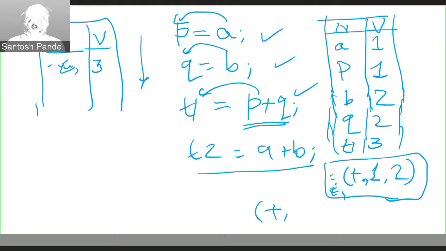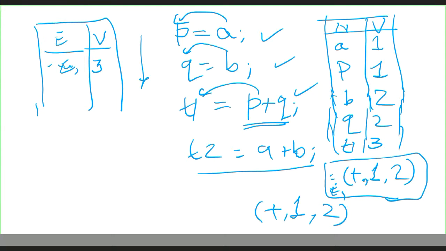So this plus, then A is there, it's 1. And then B is also similarly found here as 2. Both A and B are found in the value table, giving plus 1, 2. And this is how we constructed A plus B's expression here, E2.